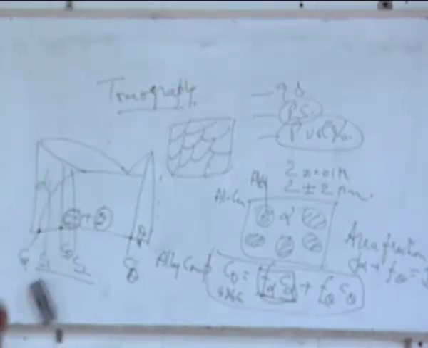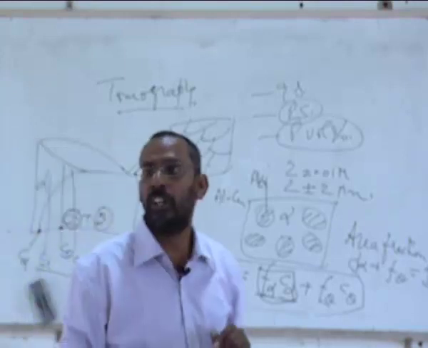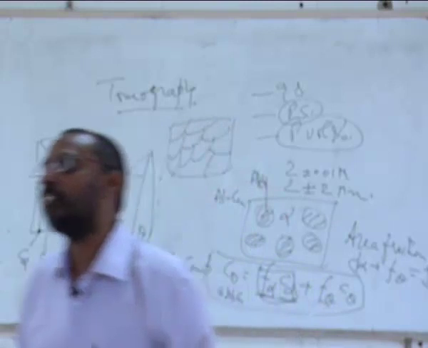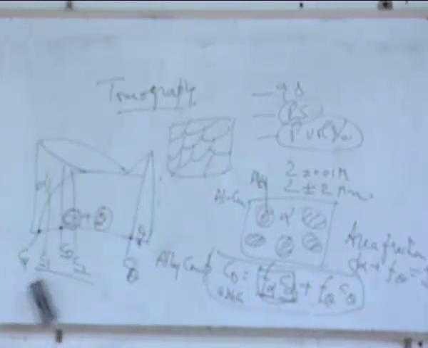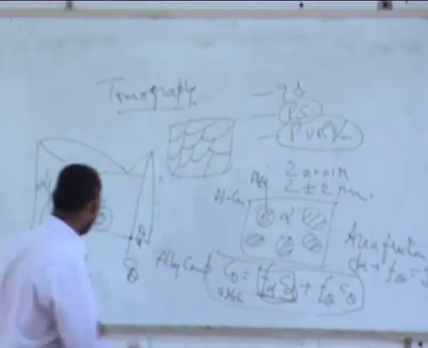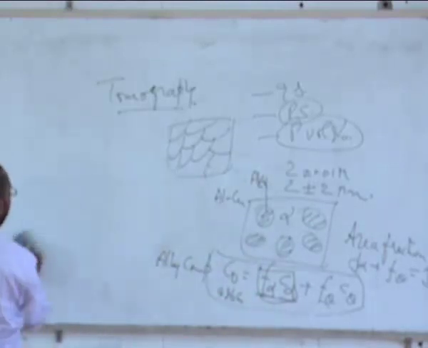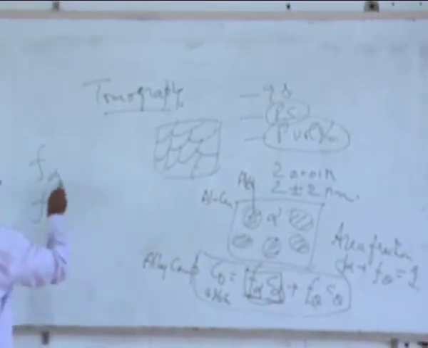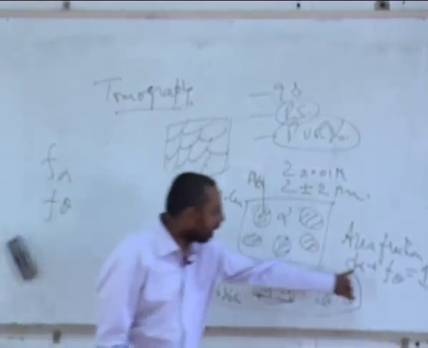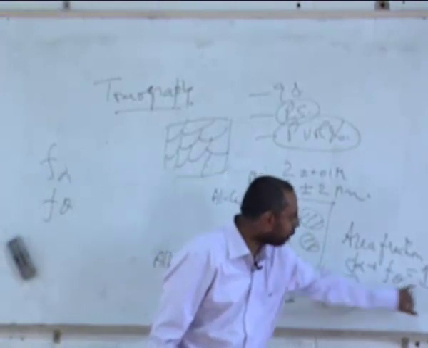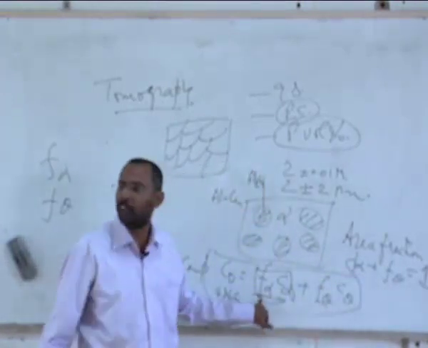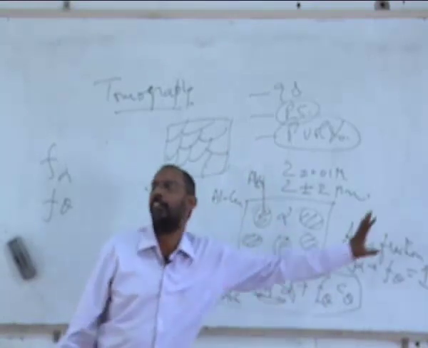Now when we are talking of fraction of phase, that is where the question comes, whether we are talking of volume fraction or area fraction or some other fraction. When you solve these two equations together, you get F alpha and F theta. What I do is, I know that F alpha equals 1 minus F theta. I put 1 minus F theta in the place of F alpha, and I can solve the equation.